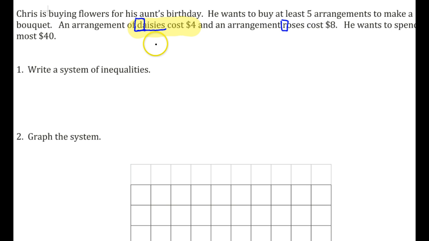And how much does 3 cost? $12. And how are you getting those numbers? You're multiplying 4 times how many I give you. So a good representation mathematically would be 4 times D. If it's only 1 daisy, it's 4 times 1. If it's 5 daisies, it's 4 times 5. So same thing for the roses. $8 times however many roses I get.